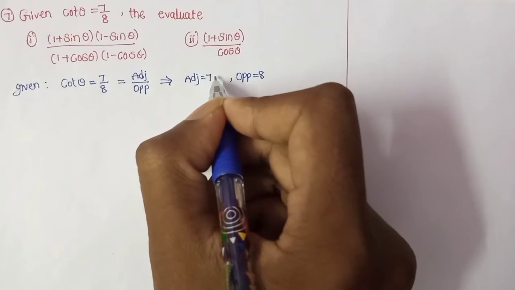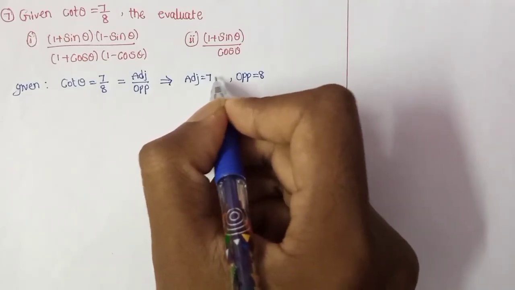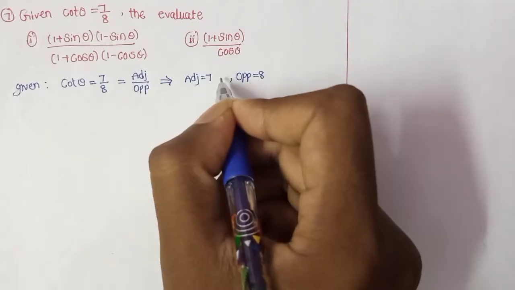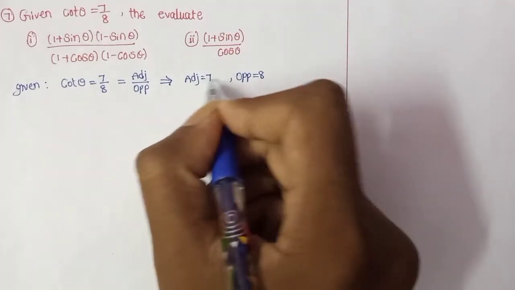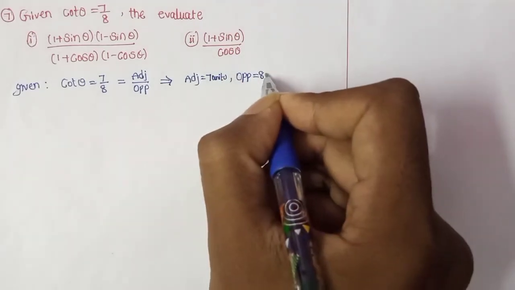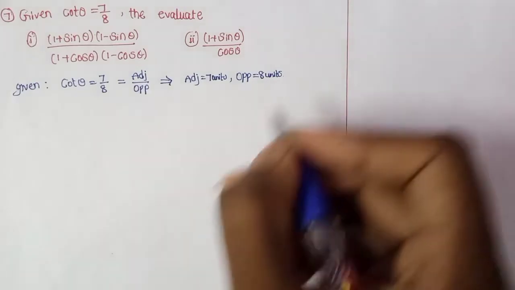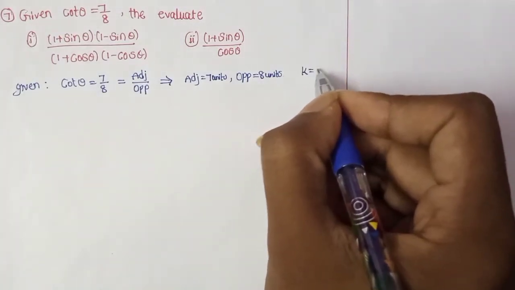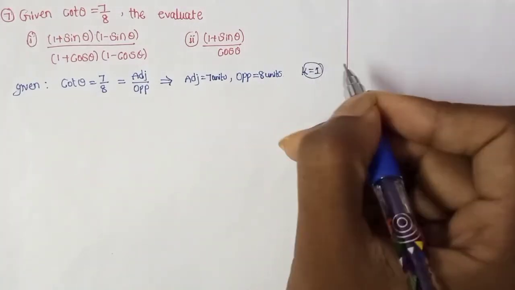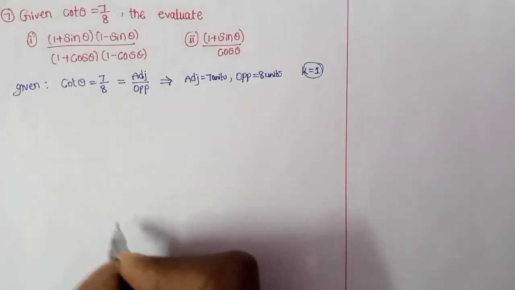Here 7 means some units like 7 centimeters or 7 meters or 7 kilometers in a realistic view, and so we say this is some 7 units. Here opposite side is some 8 units. I already said the k concept. Here I am assuming k is equal to 1. So let us do the problems.